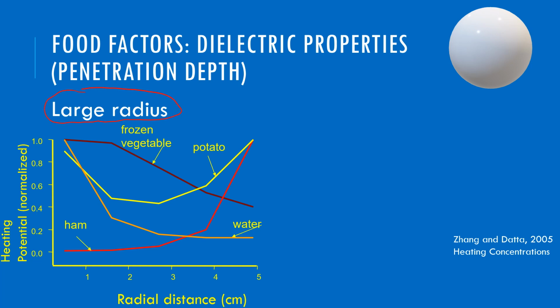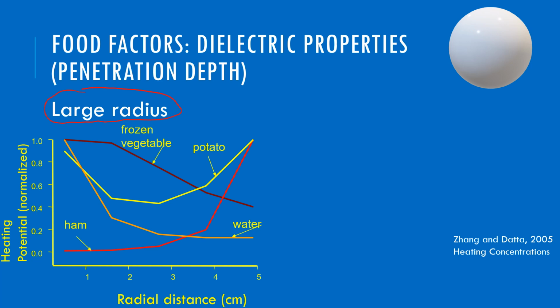What is plotted here, I have to explain the y-axis. It's heating potential, which is the rate of heat generation, the volumetric heating at any radius, averaged over all angles theta and phi. So it's like the average of the heat generation for a shell at radius r.